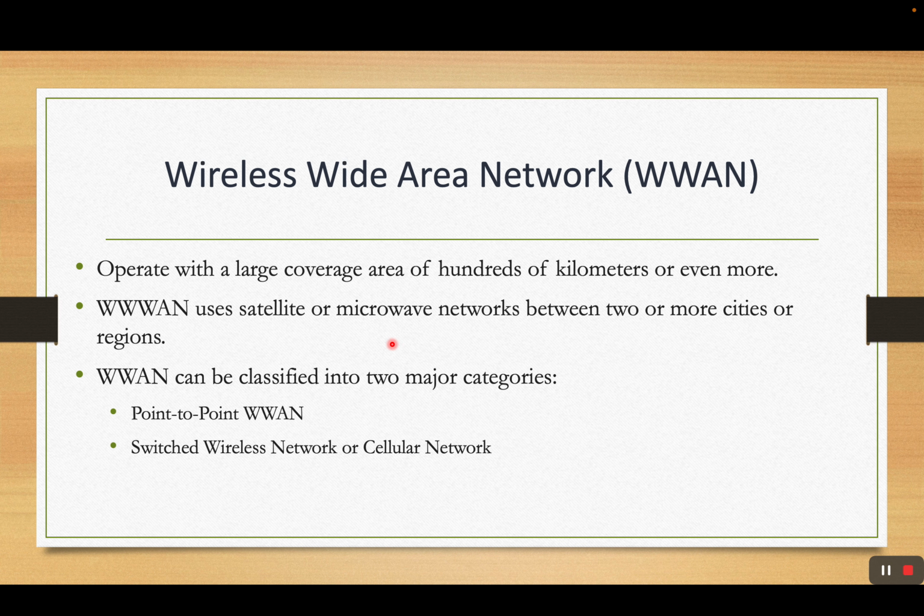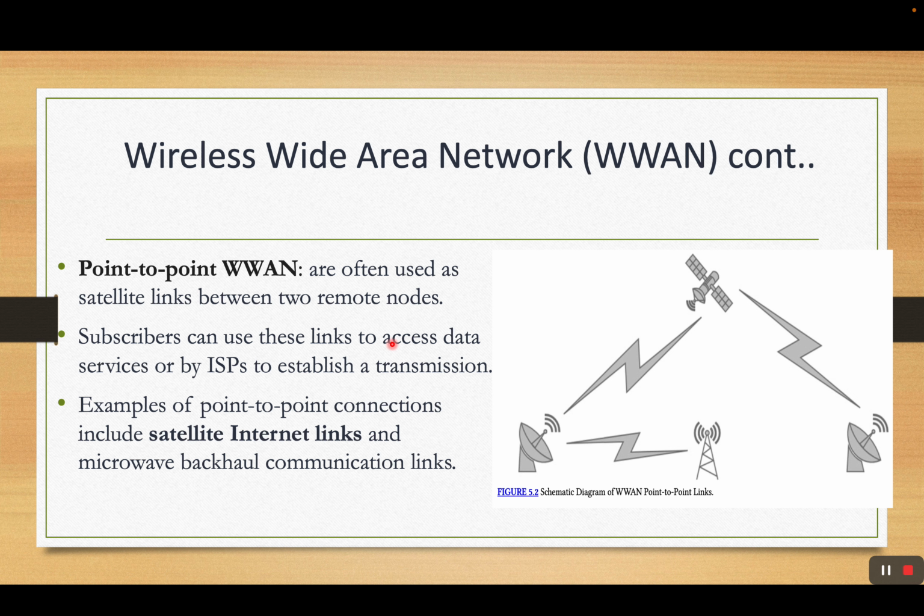Now, the wireless WAN can be classified into two major categories: point-to-point wireless WAN and the switched wireless network, or cellular network. In the point-to-point wireless WAN, it's often used as satellite links between two remote areas, as you see over here. Usually a subscriber will use these links to access data service or even an ISP to establish transmission.